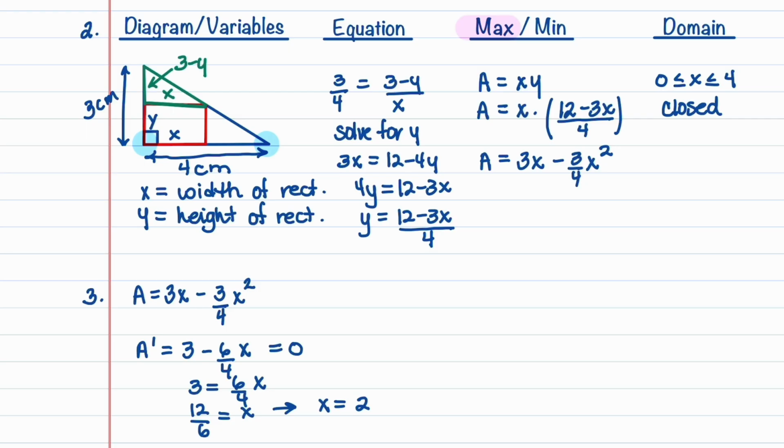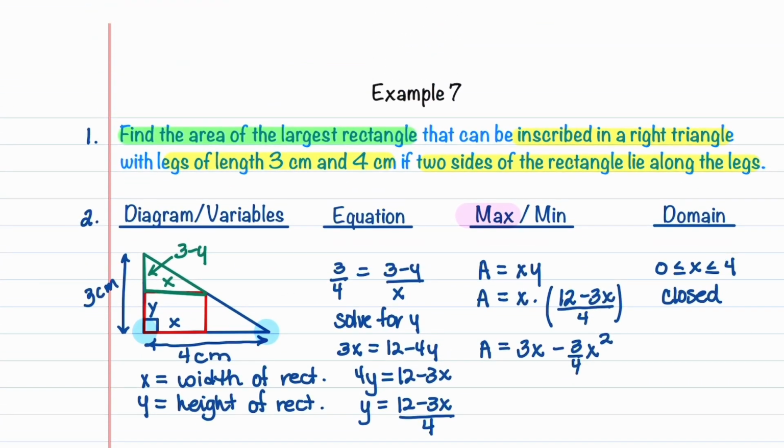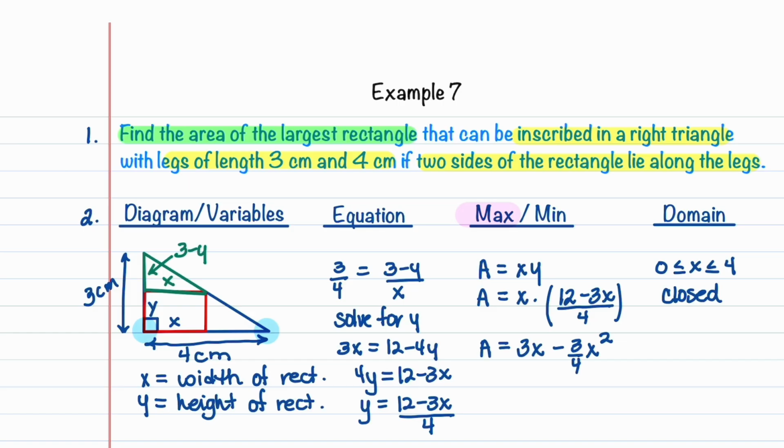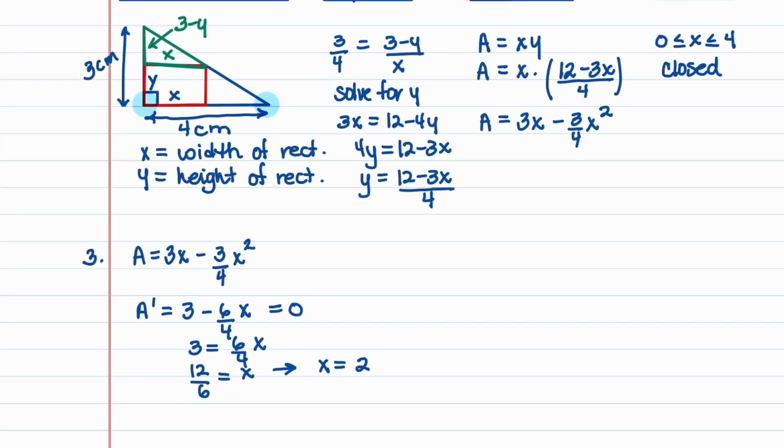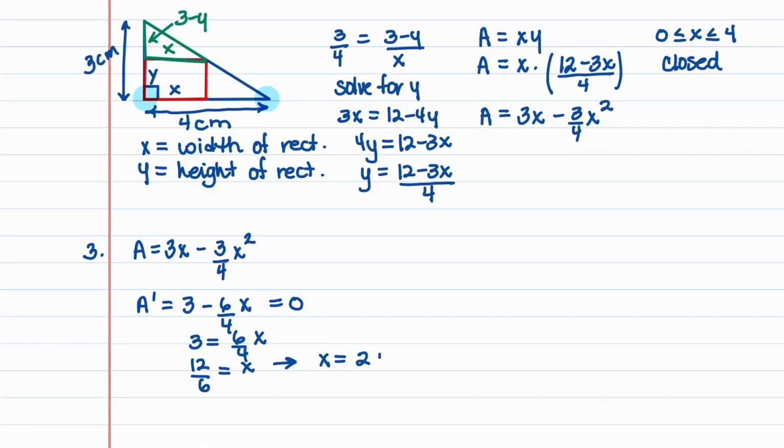So let's go back up. Notice that in our original problem, our lengths are in terms of centimeters. I guess we did write that down on the diagram. So x is equal to 2 centimeters. Now let's find y. Here's our equation for y, and that's what we're going to use.